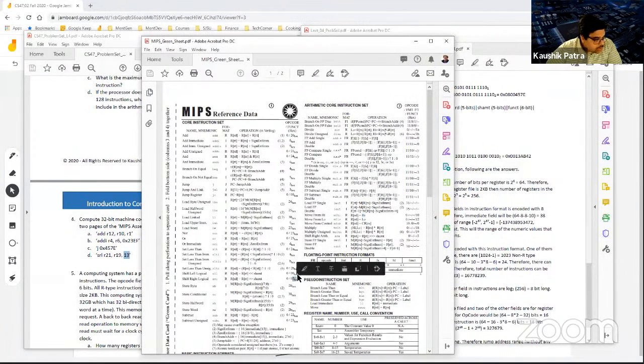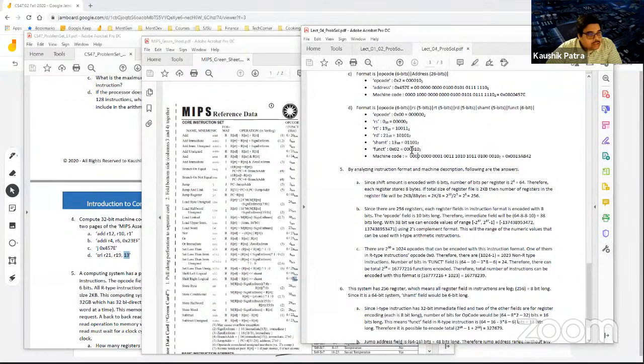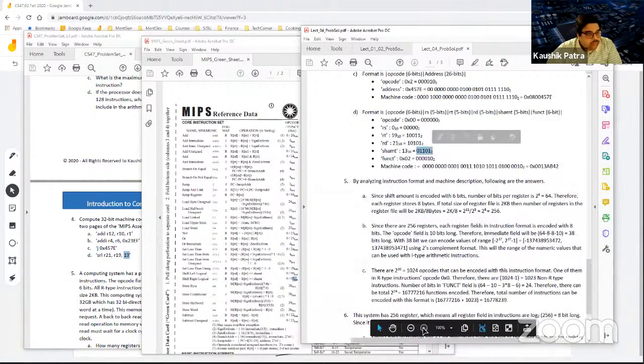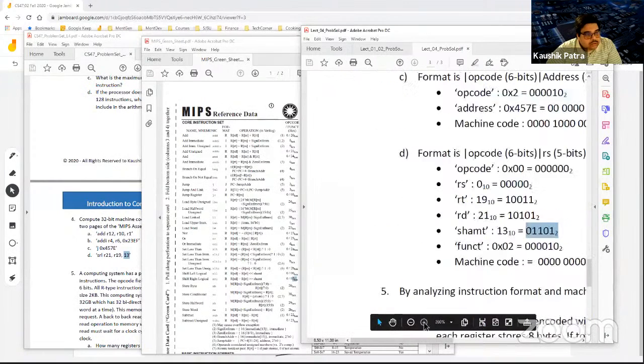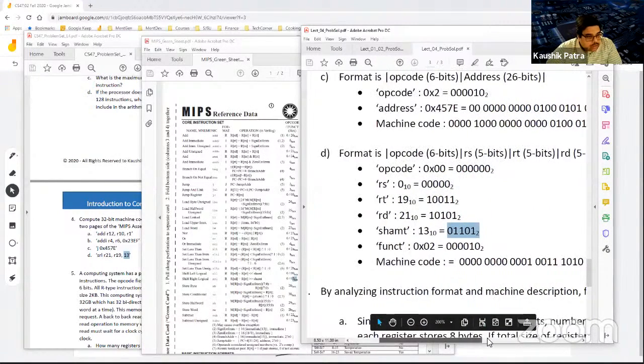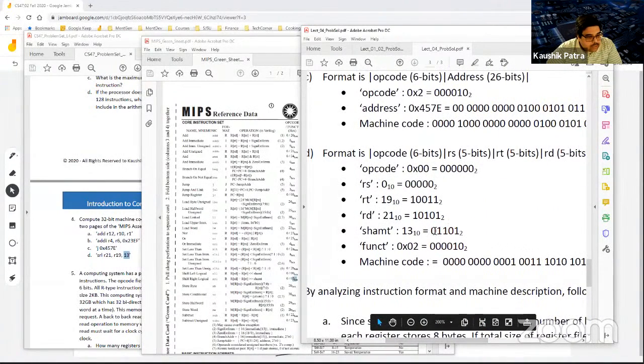Remember, this is 02 hex, which means your opcode is all 6-bit 0, and the function code is 00010. And then your shift amount is 13, which you translate into binary.